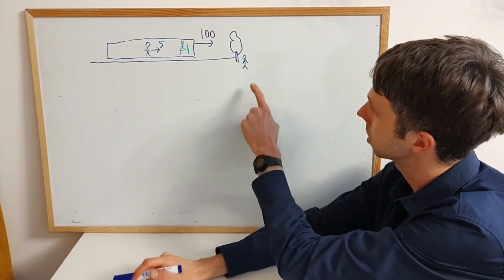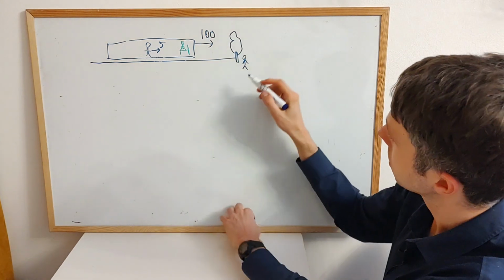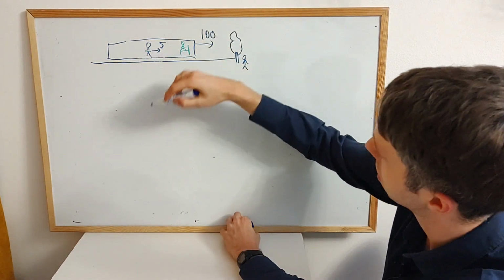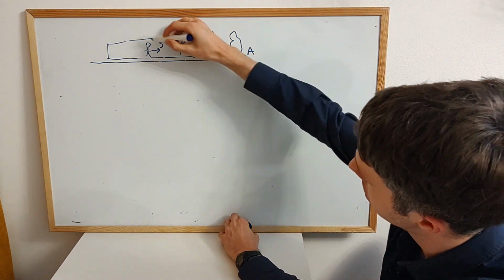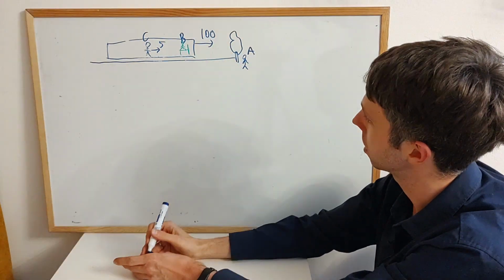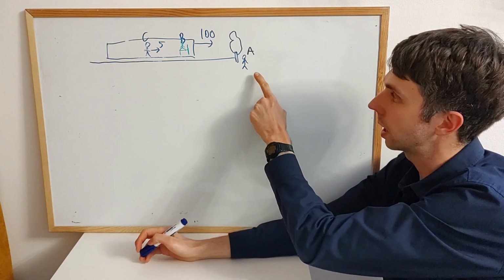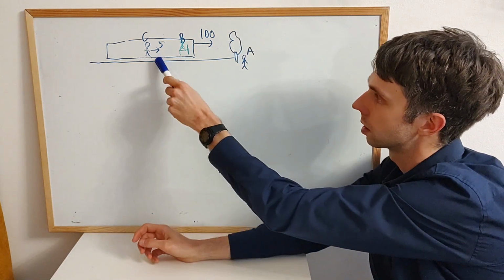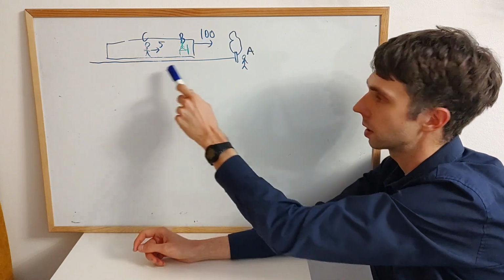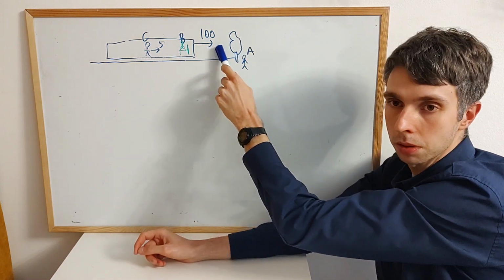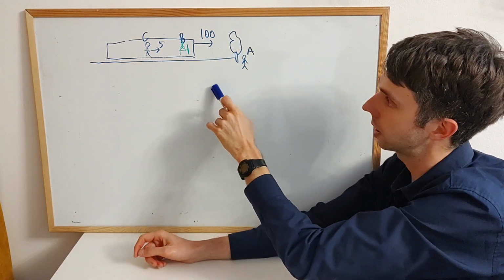So let's call them A, this guy is B, this is C. So according to guy A, passenger C, first of all, the train is going 100 kilometers per hour.